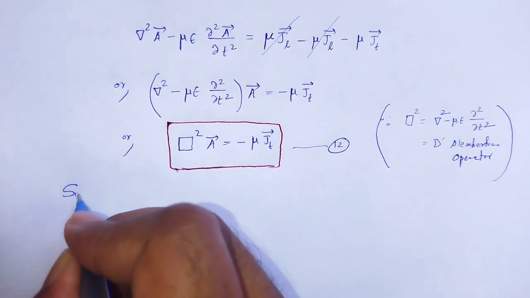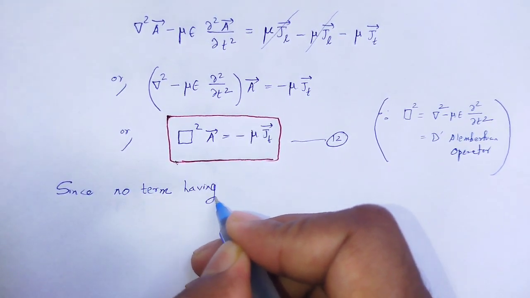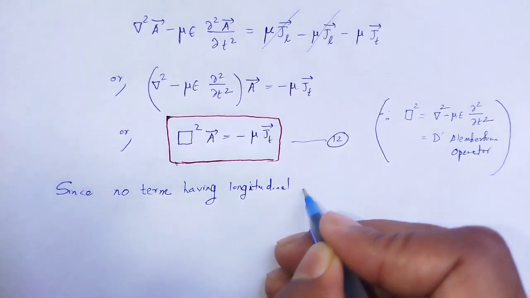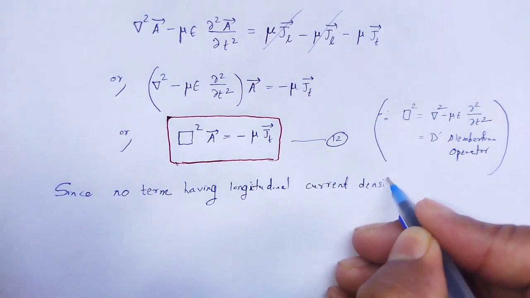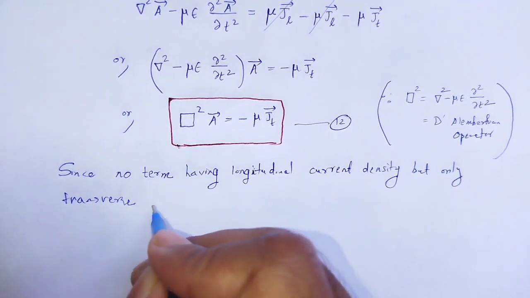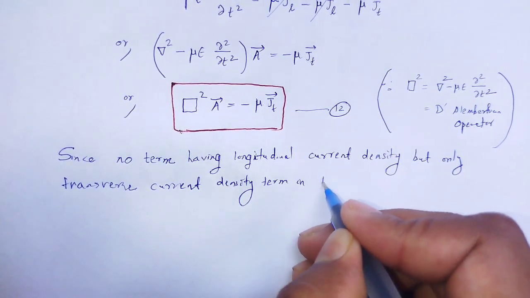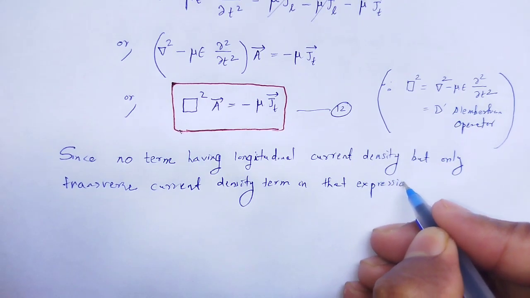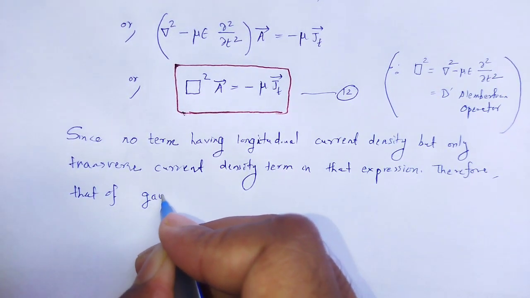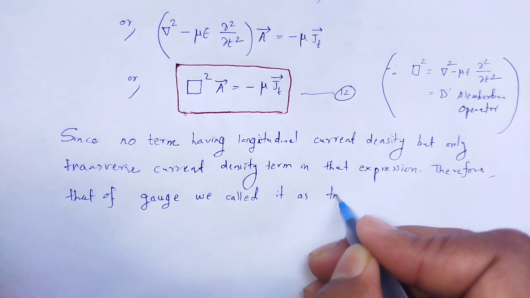Since there is no term having longitudinal current density, but only the transverse current density term in that expression, therefore that type of gauge we call the transverse gauge.